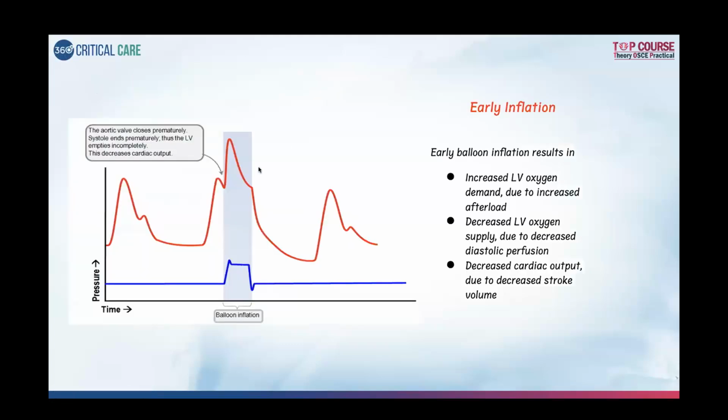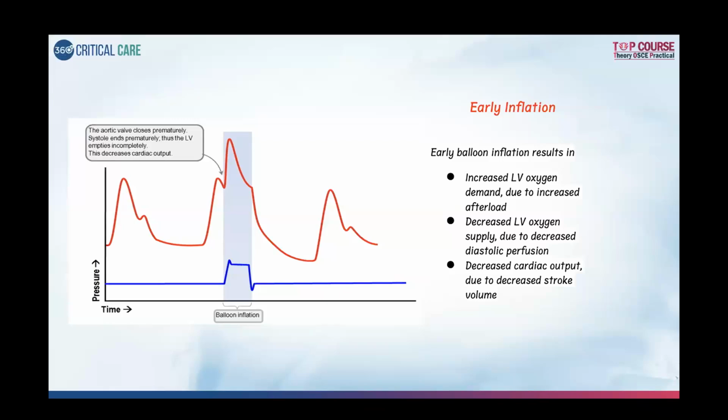Now early inflation, as you can see, it should inflate at the dicrotic notch, but it has inflated much higher up here. So this is an early inflation. What can happen with early inflation is increased left ventricular oxygen demand due to increased afterload. If it inflates early in the systole, then the heart has to push blood against an inflated balloon inside the aorta. That means more work needs to be done.